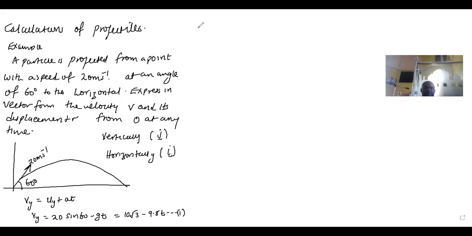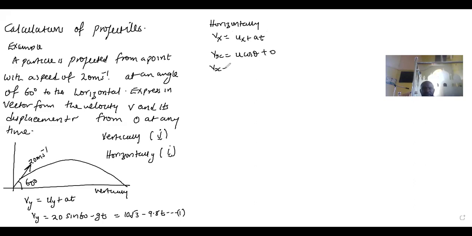So this is the vertical component of velocity. But as for the horizontal component of velocity, Vx is always equal to Ux plus acceleration in the horizontal times time. So Vx would be U cos theta plus 0.